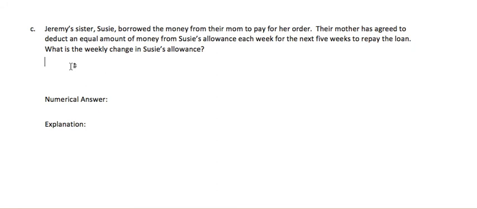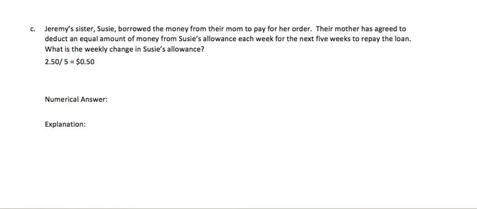Susie's mother agreed to deduct an equal amount of money from Susie's allowance each week for the 5 weeks to repay the loan. So we have the $2.50 that Susie needs to pay, and we're going to divide it by 5 weeks to find out that Susie's mother will be collecting 50 cents from Susie's allowance every week.